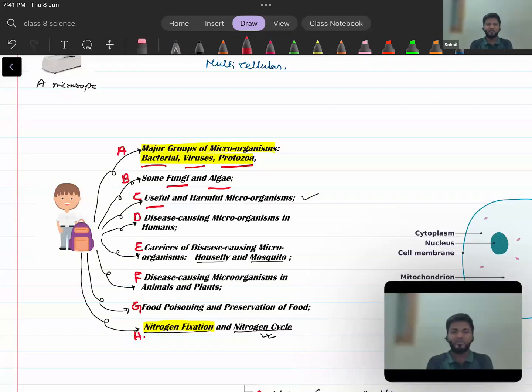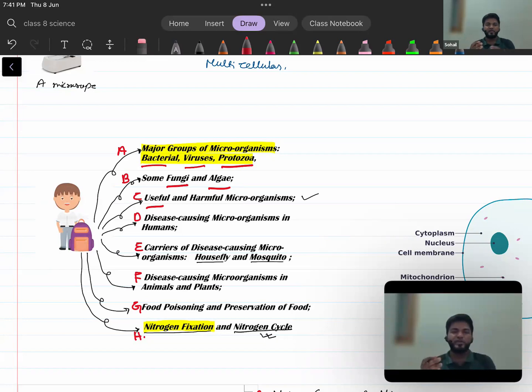Yes, so I was saying that the packed bread which we consume, in the manufacturing of that bread also certain bacteria are used. And the dahi, the curd which you consume, chole bhature, idli, in these dishes curd is used.